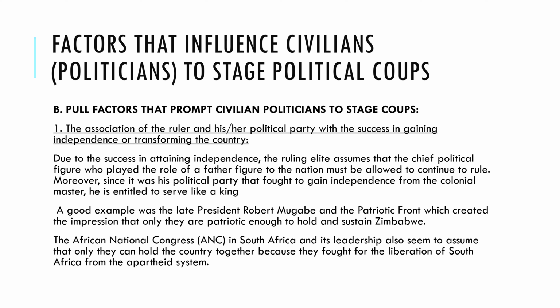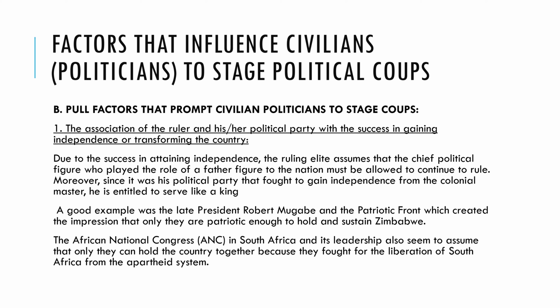Moreover, since it was his political party that fought to gain independence from the colonial masters, he is entitled to serve like a king. A good example was the late President Robert Mugabe and the Patriotic Front, which created the impression that only they are patriotic enough to hold and sustain Zimbabwe.